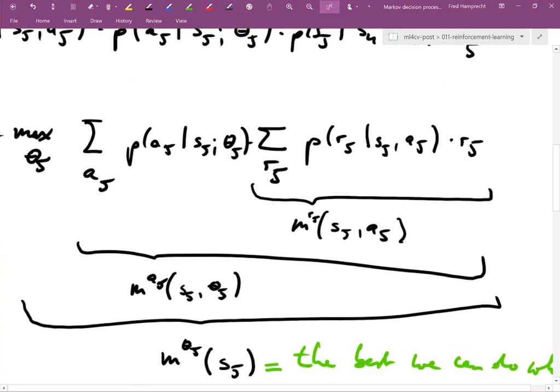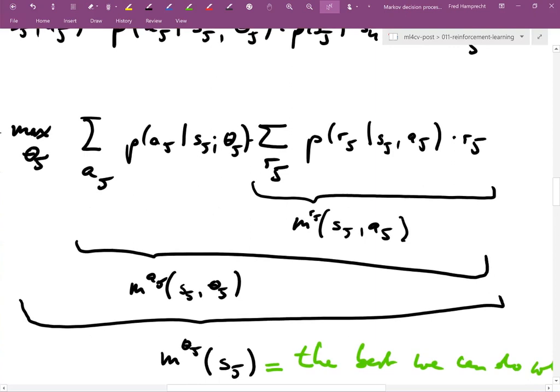And the result is a message which now, if you look at the terms above, they depend on R5, S5, and A5. After integrating out R5, the sole survivors are A5 and S5. We now have a function of A5 and S5, or I write it here as a message M depending on S5 and A5.